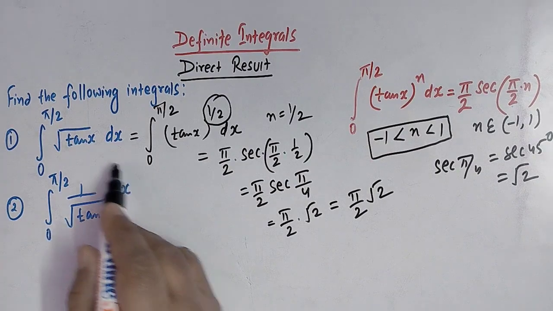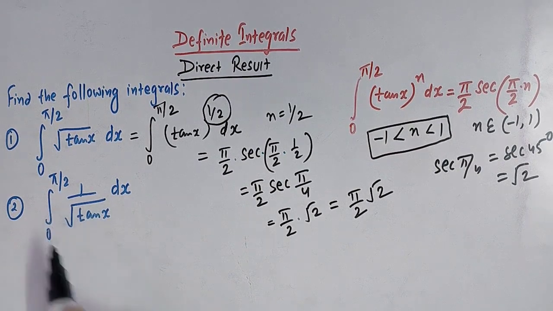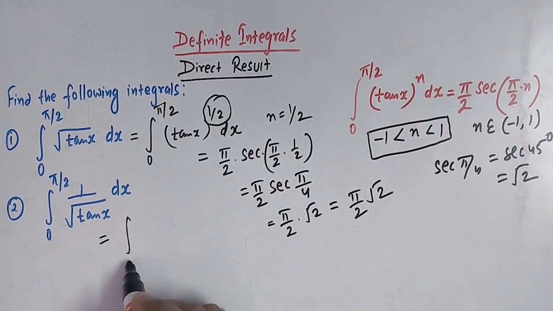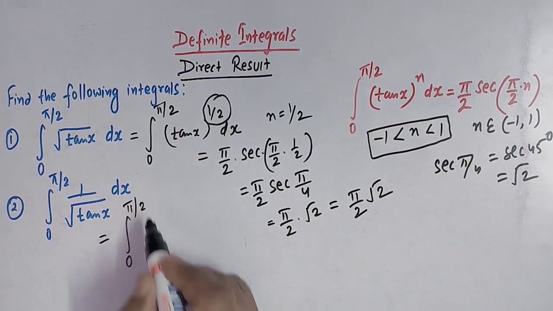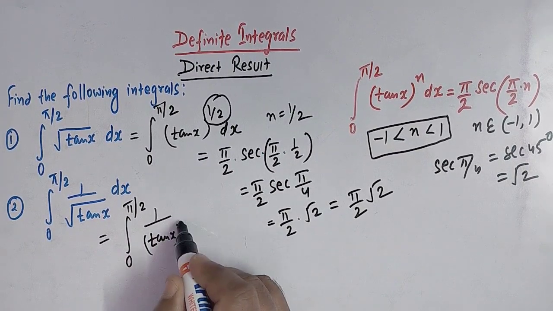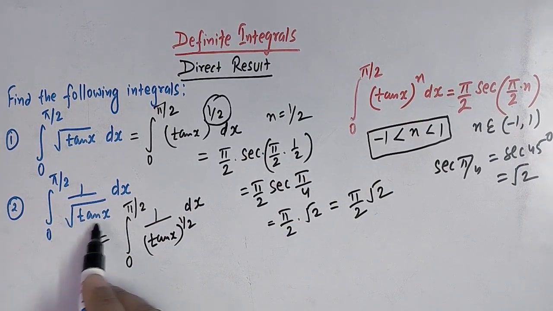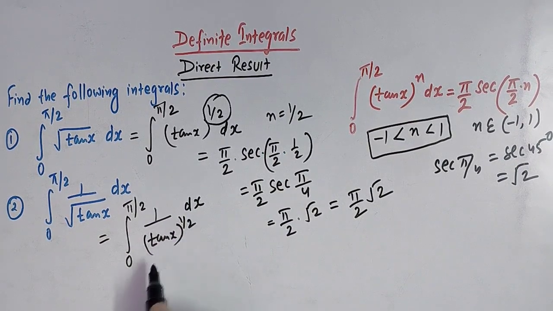Now let us see the second integral. So this is also an interesting integral. Here we can write this integral as 0 to pi by 2 and 1 over tan x raised to half dx, so square root of tan x can be written as tan x raised to half.